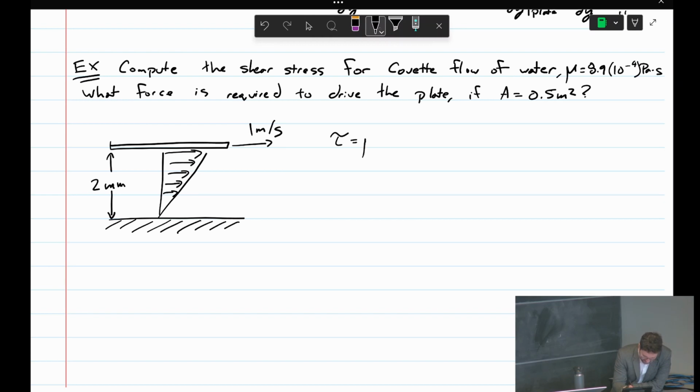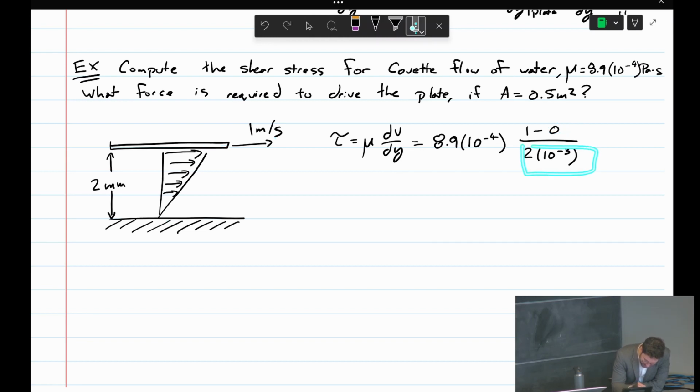We get tau is mu du dy. We're given mu. Du dy would be 1 minus 0 over 2 times 10 to the negative 3. The 1 here is the velocity of the top plate. The 0 is the velocity at the bottom plate, which is 0 in this case. And the 2 times 10 to the negative 3 is the 2 millimeters, so that's the height.